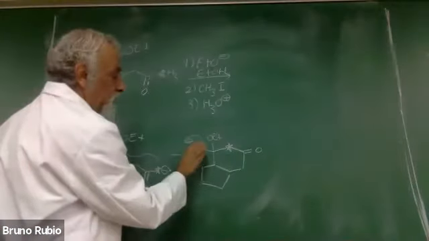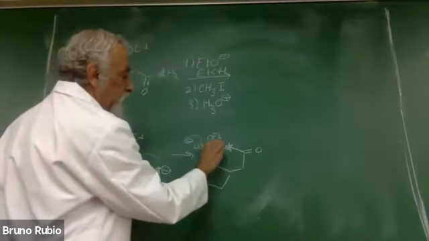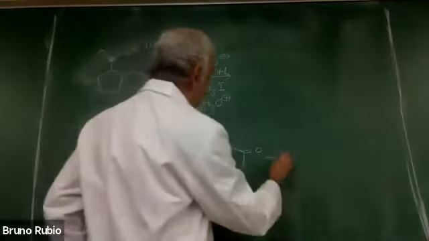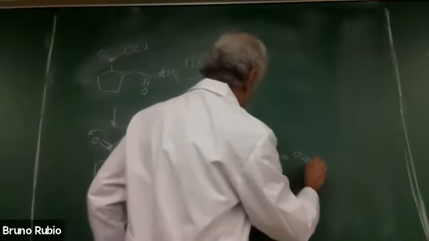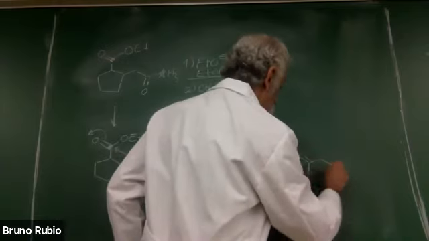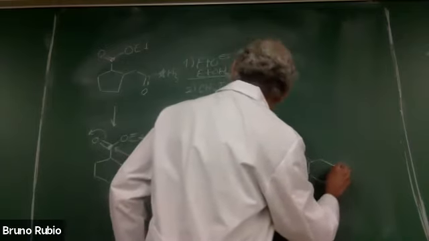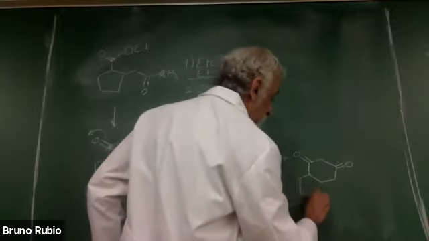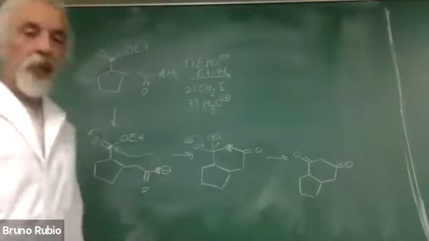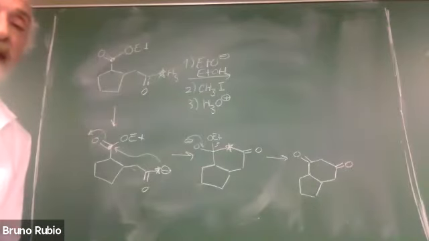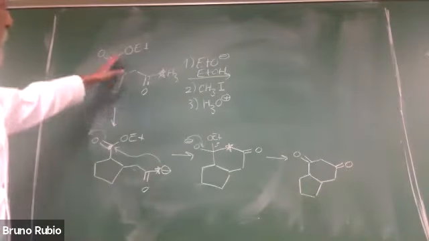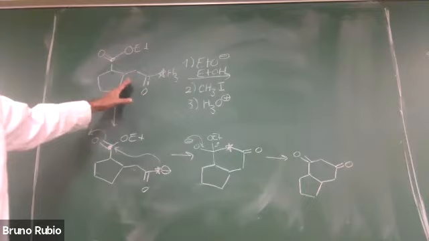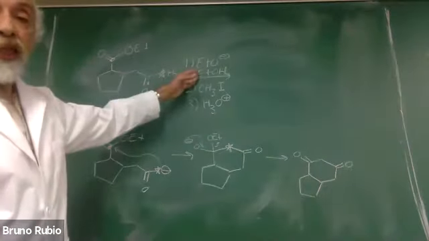And now we have expulsion of this leaving group, to give us this. We're still in step one, believe it or not. Okay, this is acyl substitution, basic conditions, right?